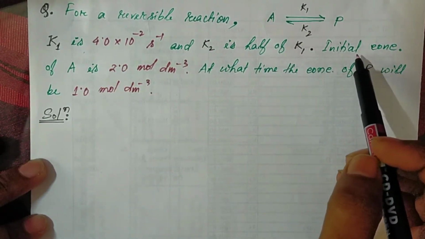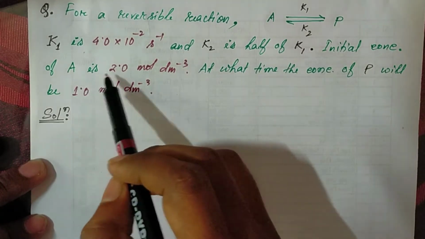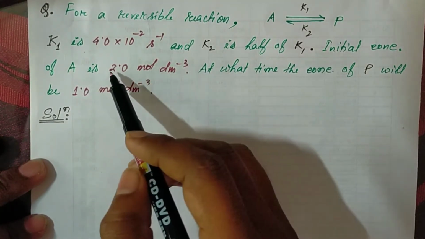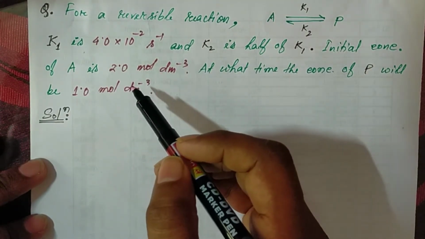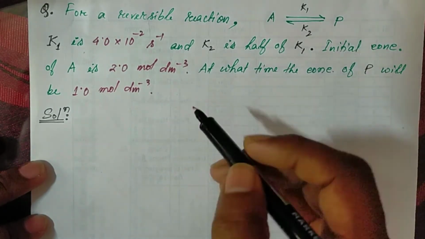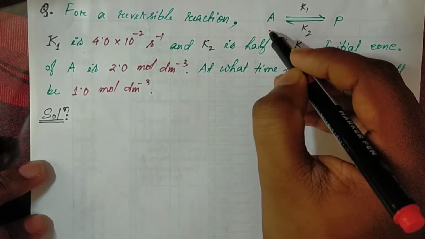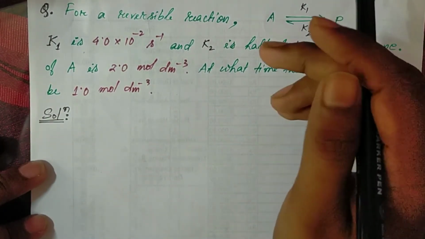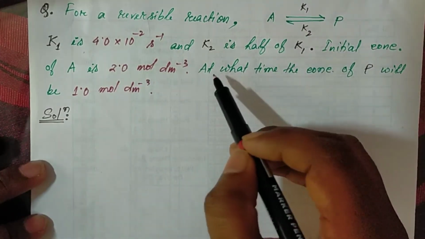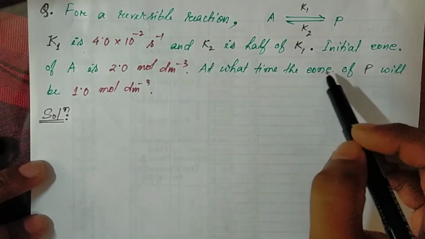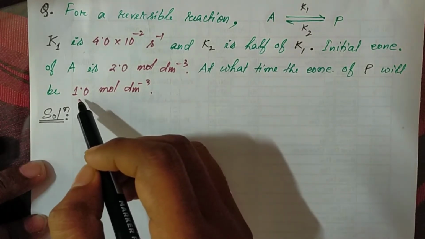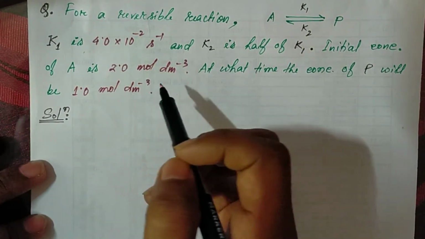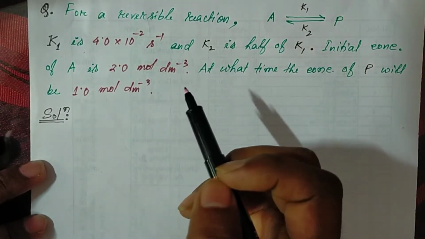The initial concentration of a is given. At what time will the concentration of P be 1.0 mole dm to the minus 3?